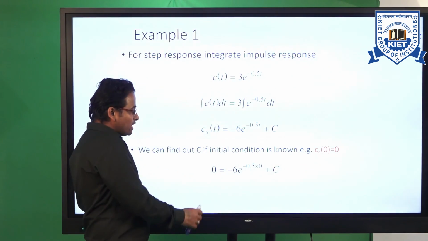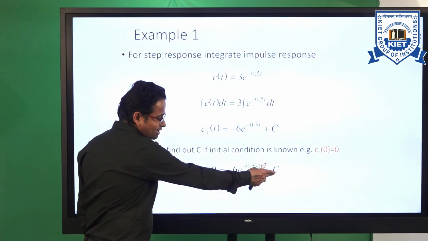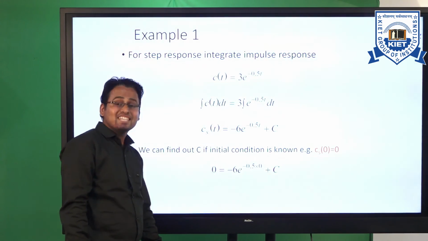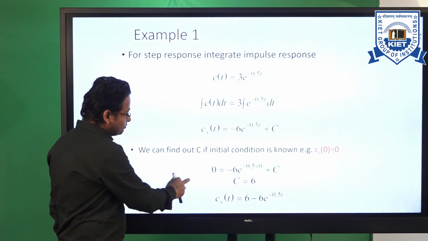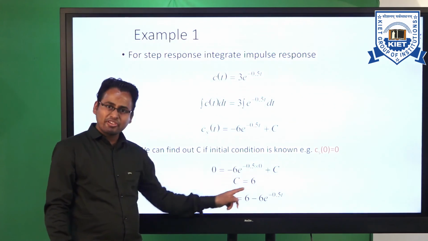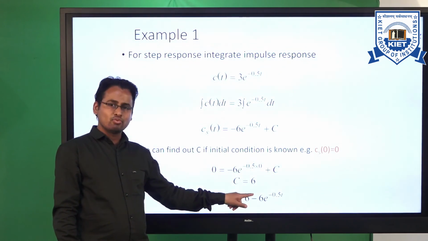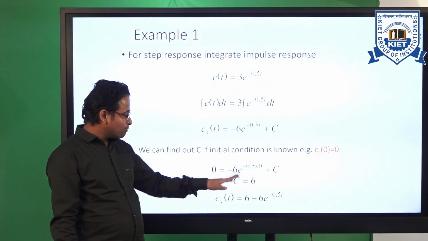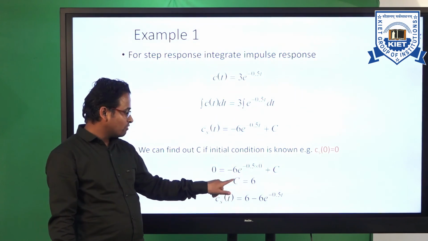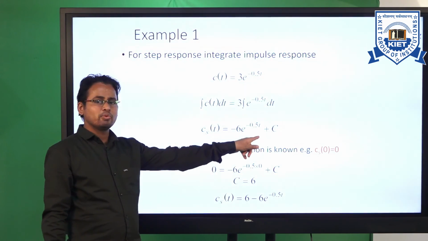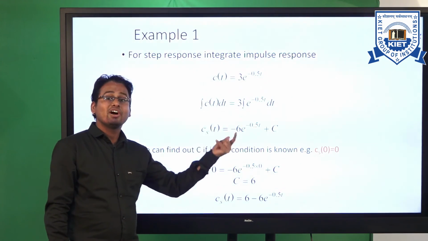Now after applying the initial conditions we will get the value of the constant C. Look, after simplification we will get the value 6. Clear? So put the value of C in this particular equation, then we will find the final solution.